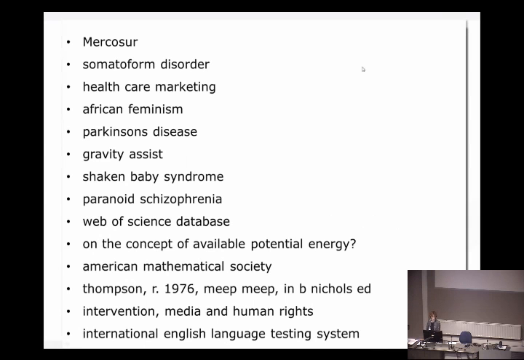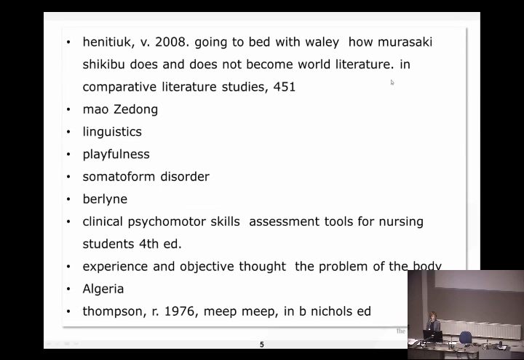So if we take a look at one snippet, we can divide the types of searches to several types. Sometimes people look for a broad topic, such as Mao Zedong or linguistics or Algeria in this case. So we need to think of what is in their mind when they're submitting such a query.